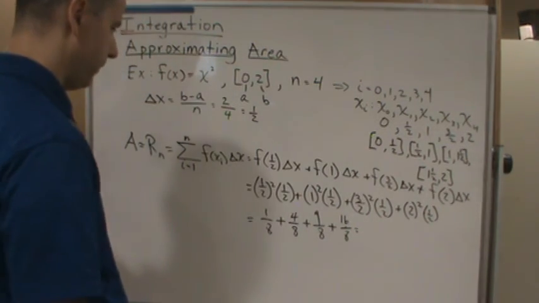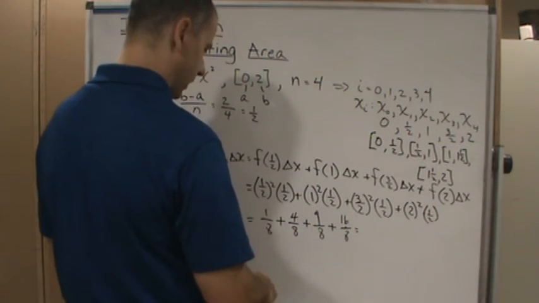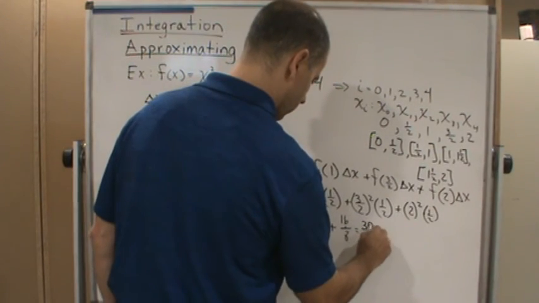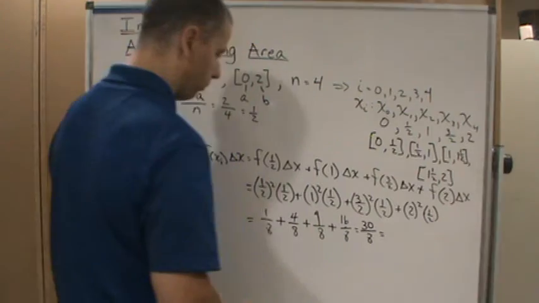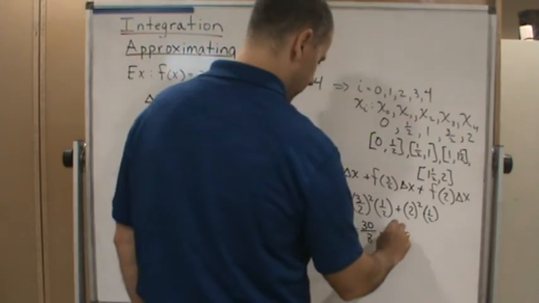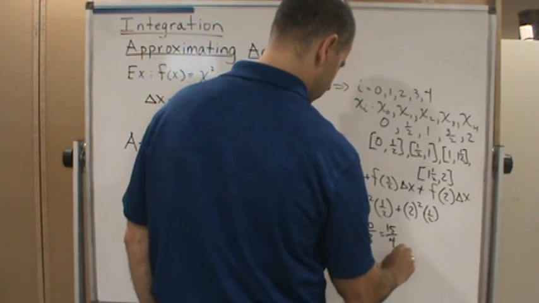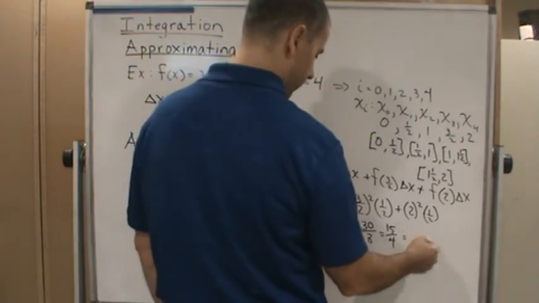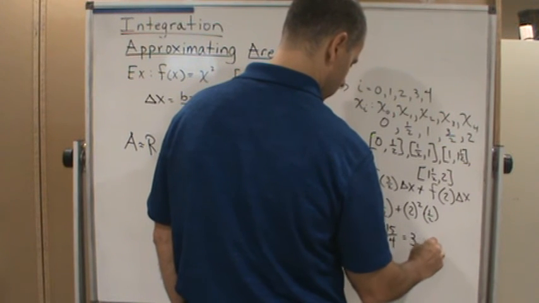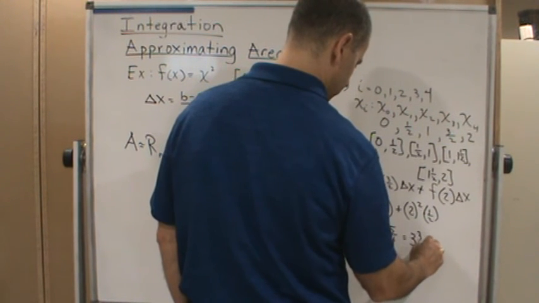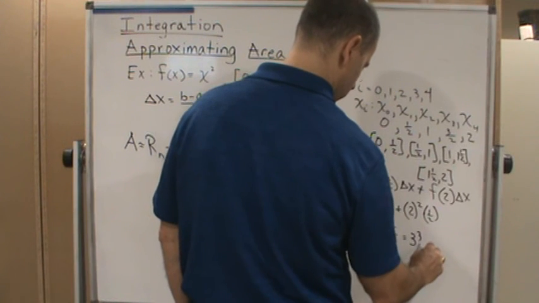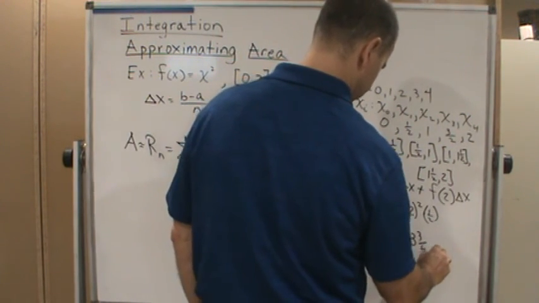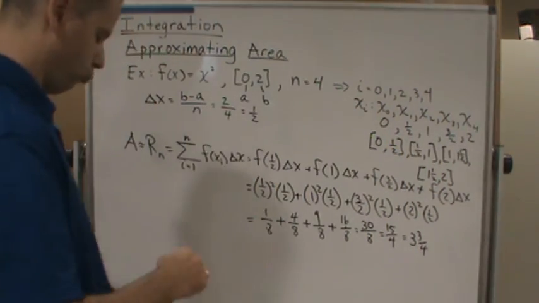And so what do I get? I get 30/8, which is equal to 15/4, which is equal to 3 3/4.